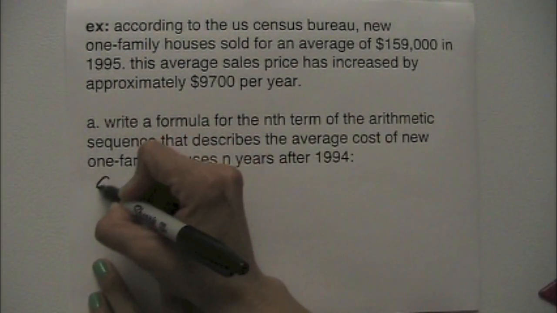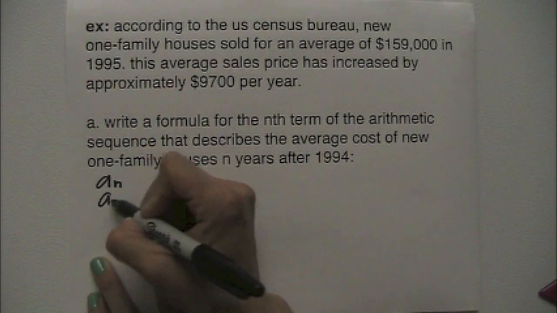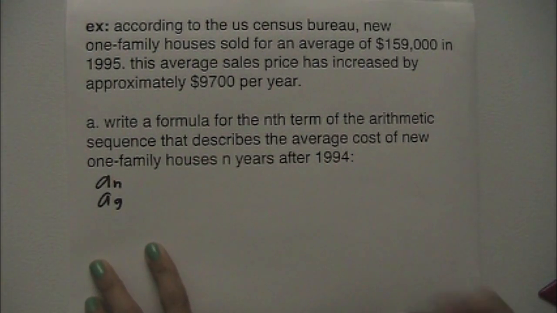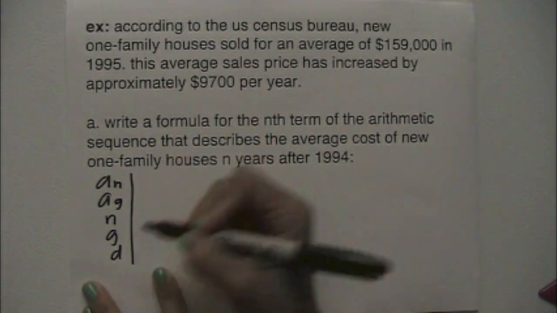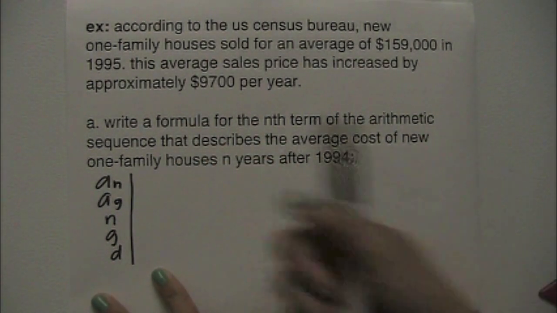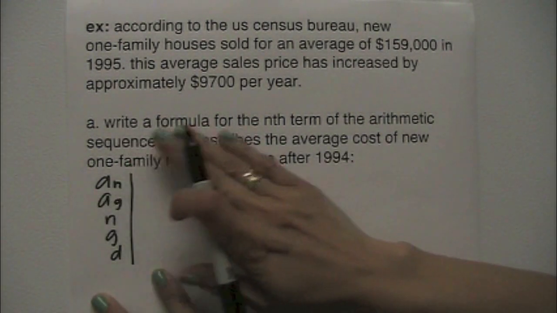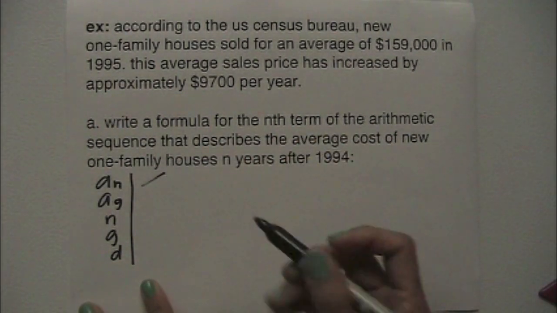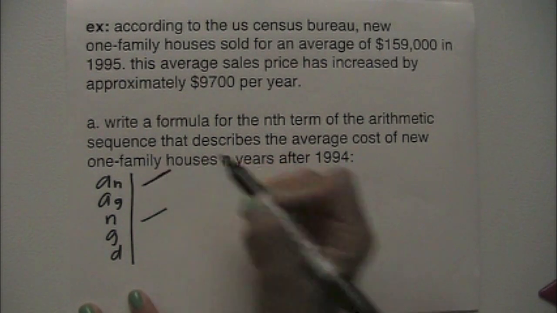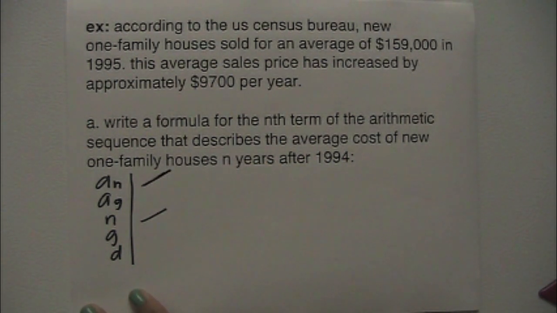So we're going to start with that same chart, a sub n, a sub g, n, g, and d. First, because we're just trying to find a formula for the nth term, I'm going to put a little slash through a sub n and n because that's going to be our variable, so we're not going to plug in a value for those just yet.